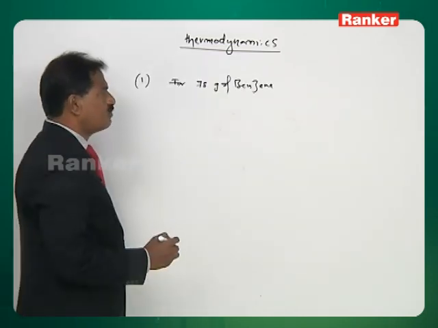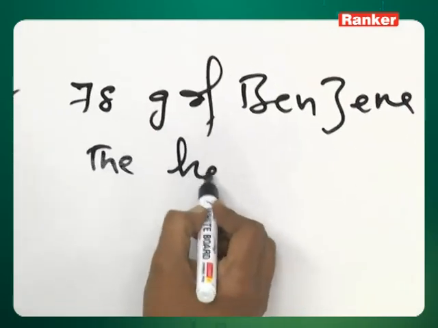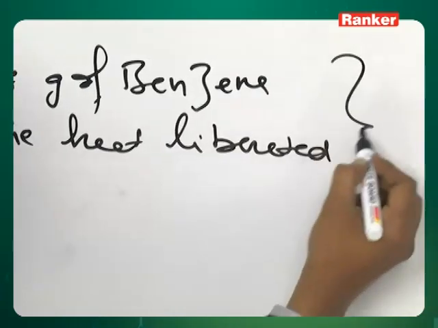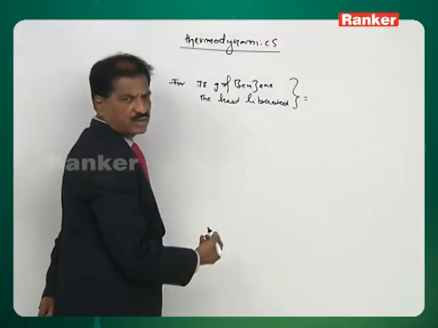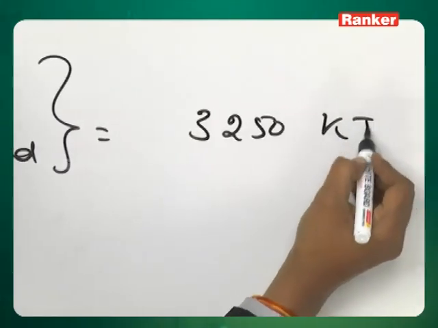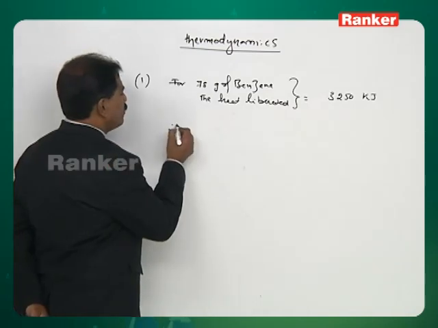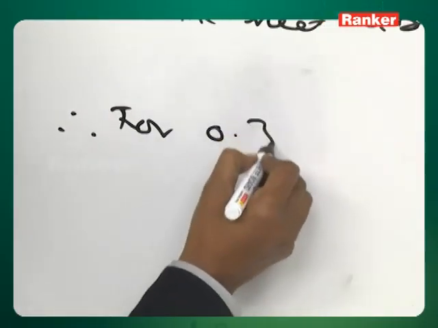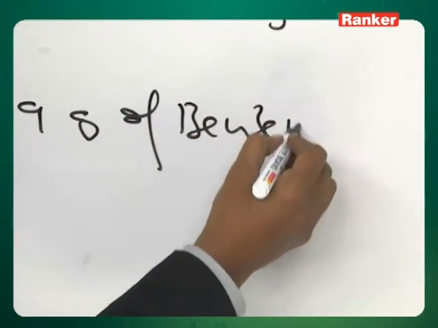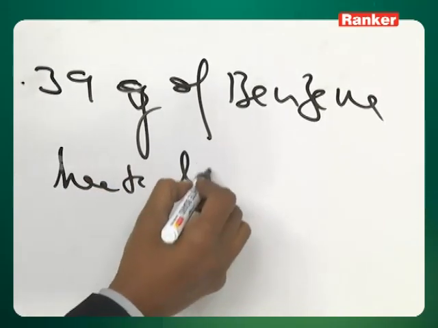Question number 1. For 78 grams of benzene, the heat liberated is 3250 kilojoules. Therefore, for 0.39 grams of benzene, the heat liberated is?